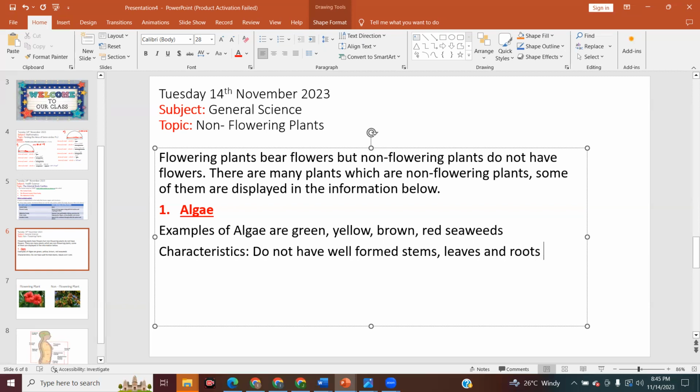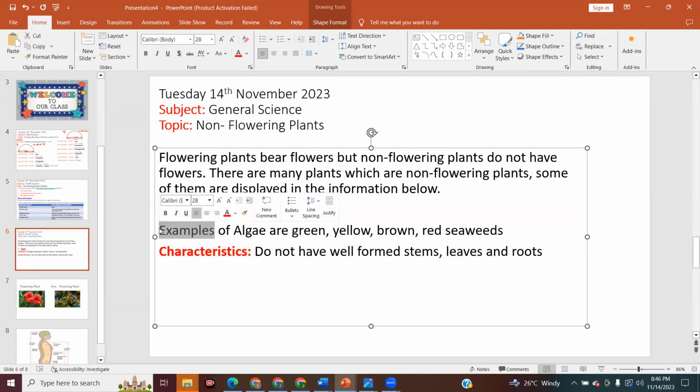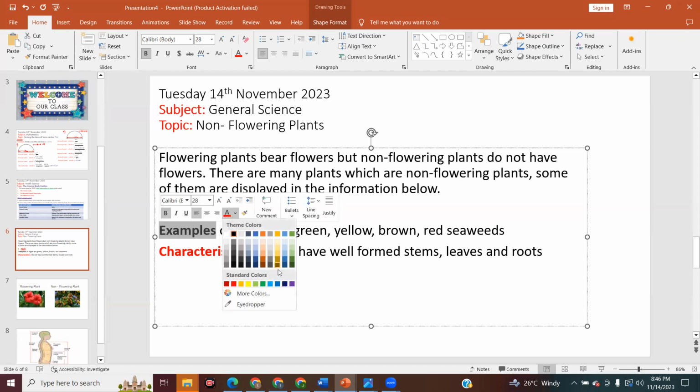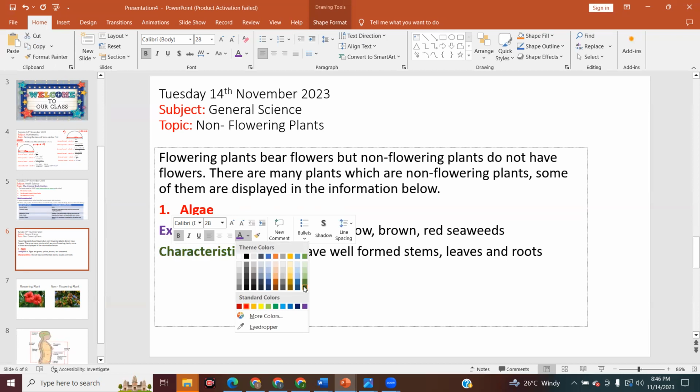So no roots, no stems, and no leaves. If you think about a plant that doesn't have leaves, stems, or roots, a good example is algae. Kind of weird, right? To even call it a plant, but it is a plant.